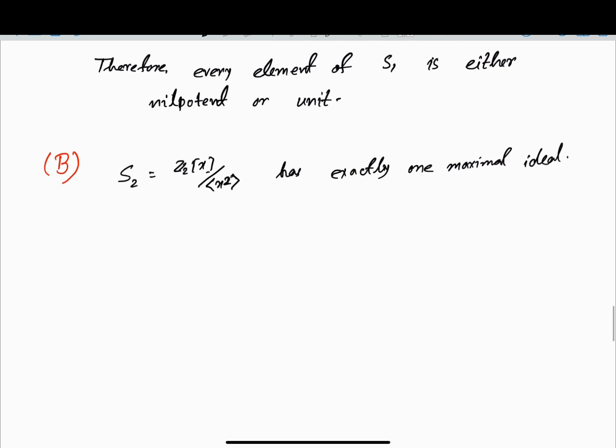Okay, let's do this. Let P be a maximal ideal in S2, that is Z2[x] mod x square. Then P corresponds to a maximal ideal in Z2[x] containing x square.